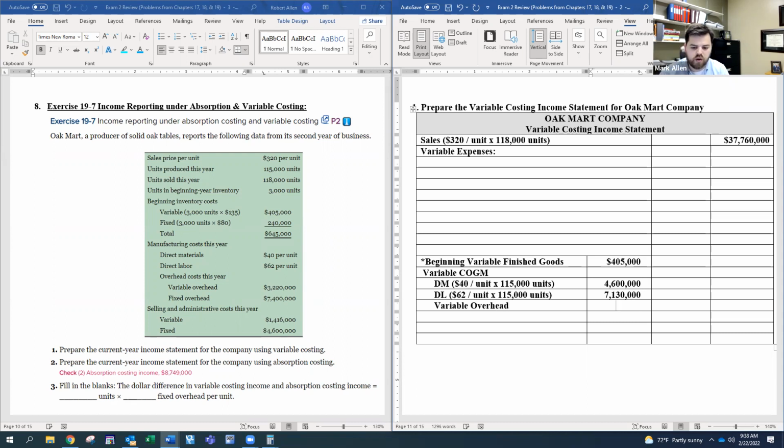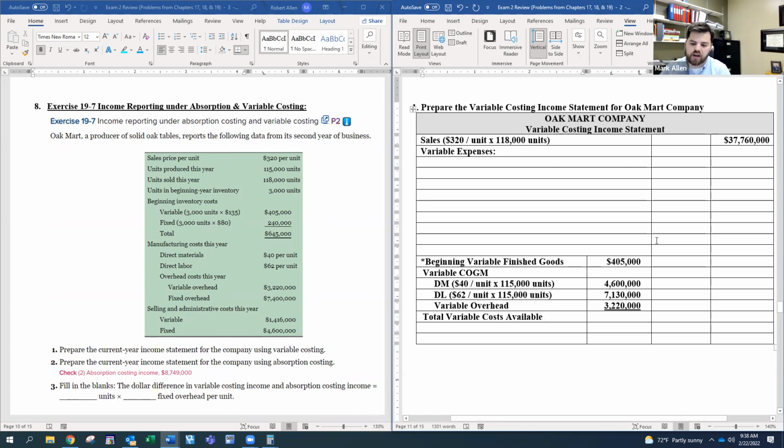Our variable overhead was given to us as $3,220,000. This will give us what is called our total variable costs available. That will be the sum of all of our information here, and that will include this $405,000.